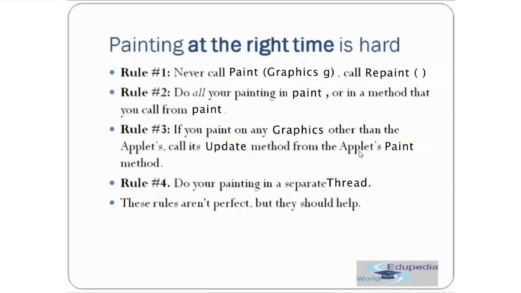Now painting at the right time is hard, because we have seen that repaint always schedules a call. It never calls the paint method at that point of time. So there are some rules to take note of. Rule 1 is never call paint, always call repaint. Second is do all your painting in paint or in a method that you call from paint.